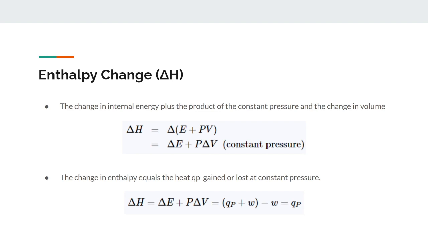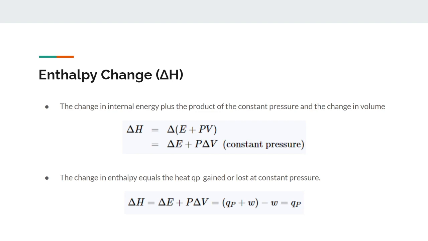If you recall from earlier chapters, we know that the change in energy, or delta E, equals Q plus W. And just like we looked at earlier, P times delta V is equivalent to negative W. So we could actually rewrite this equation as delta H equals Q_p plus W minus W. That subscript p on the Q is just to represent that the reaction is happening under constant pressure.